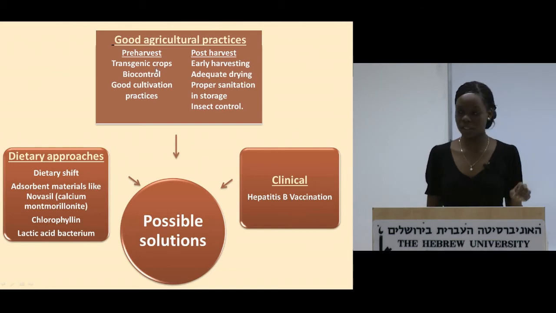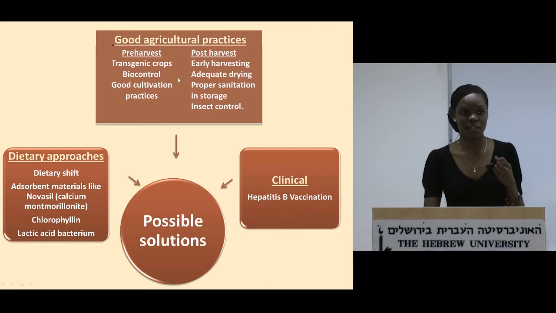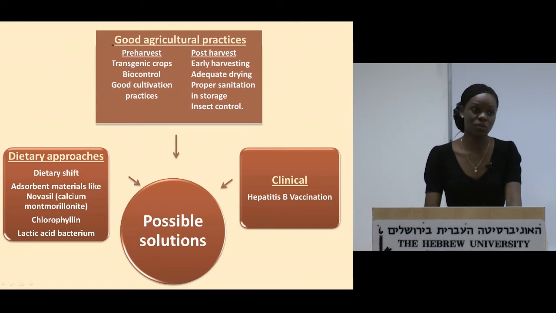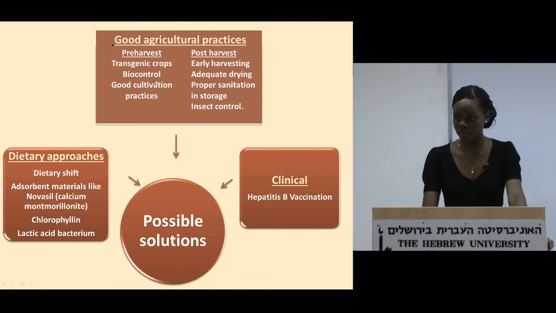When they bore holes in the kernels, they destroy the crop, making it vulnerable for the aflatoxin to grow, and they also carry the aflatoxin spores, so they act as vectors. Or we can use biocontrol, where we have an atoxigenic group of aspergillus that can destroy the aspergillus that causes aflatoxin.